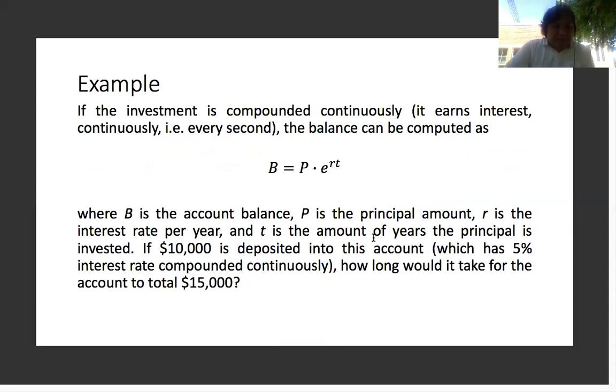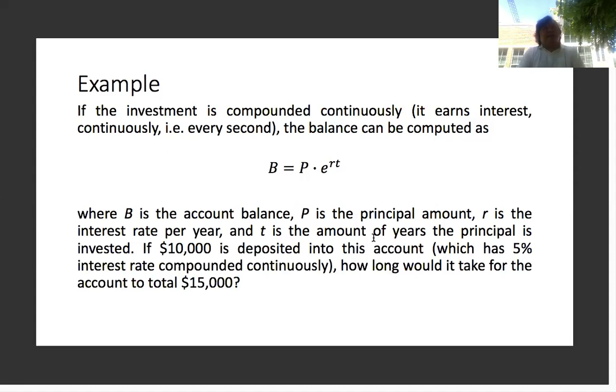In this particular example, it's also an investment or a deposit problem. If the investment is compounded continuously, now continuous compound means that at every unit of time, meaning even at every second, the investment actually starts to earn interest.